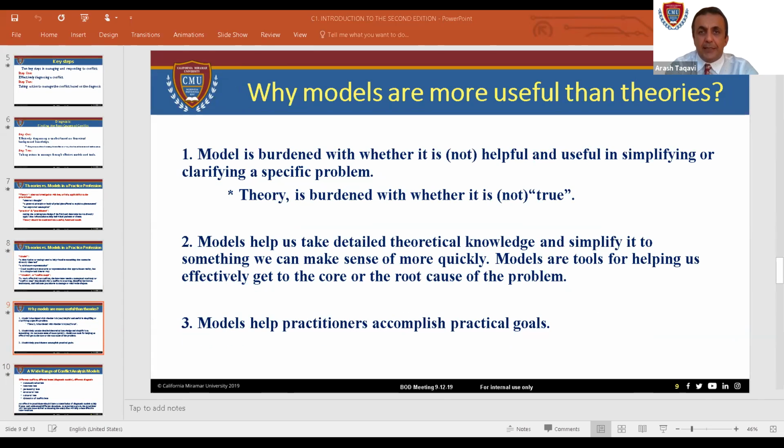Please note that models are not about true or false. We don't have any true model or false model. We have efficient model and inefficient model. We have useful model or not useful model. We have helpful model and helpless model.